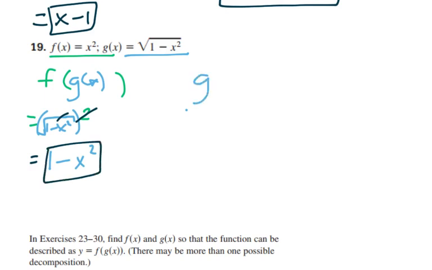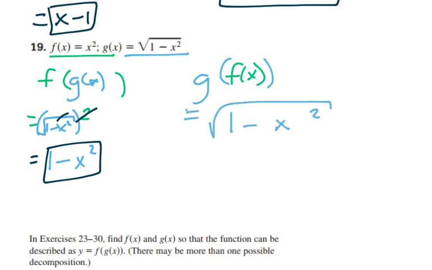And then g of f of x. Write the outside equation first, so we're going to write square root of 1 minus x squared. And that x, I'm going to rewrite not the x squared, but the x itself as x squared. So that's going to be something we're going to expand.